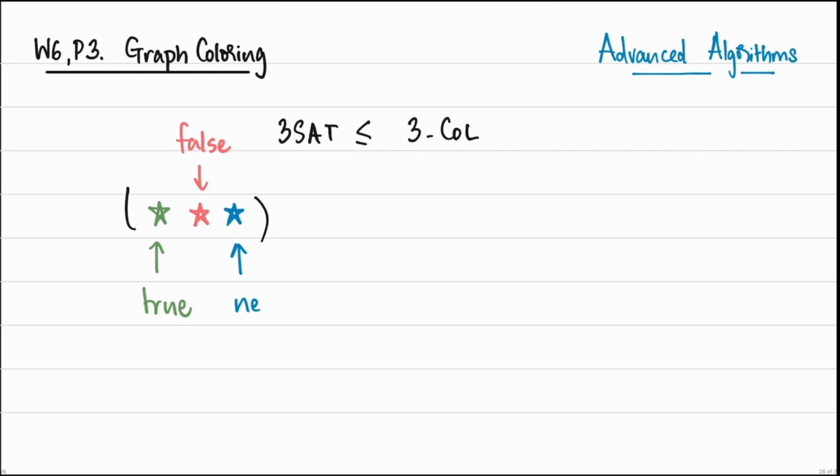So the blue color does not carry any meaning, but we want to somehow say that we might have vertices that represent variables, for example, or maybe vertices that represent literals, so a variable or its negation. And if a literal is colored green, then that means that I want to set it to true.